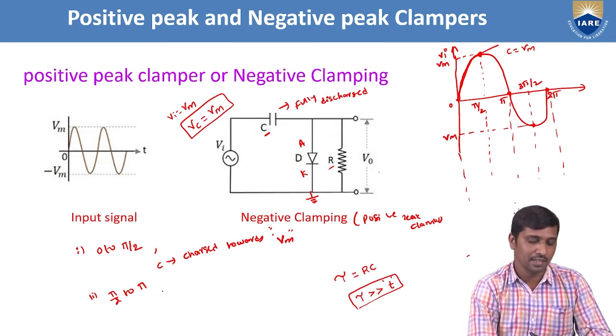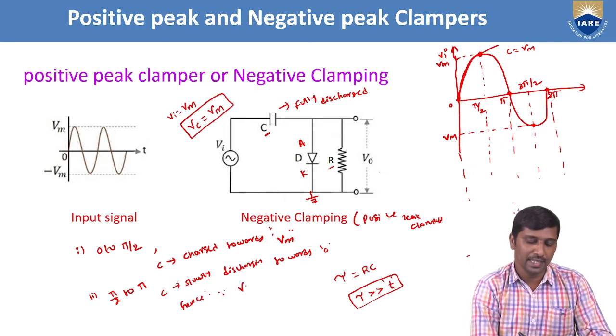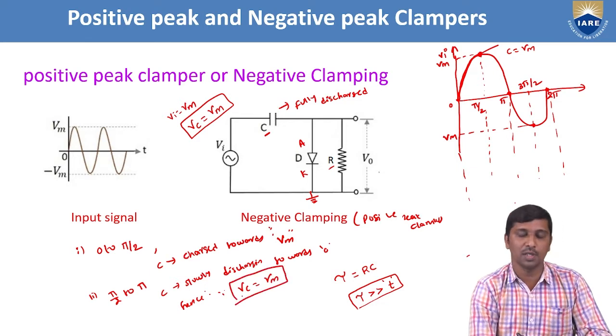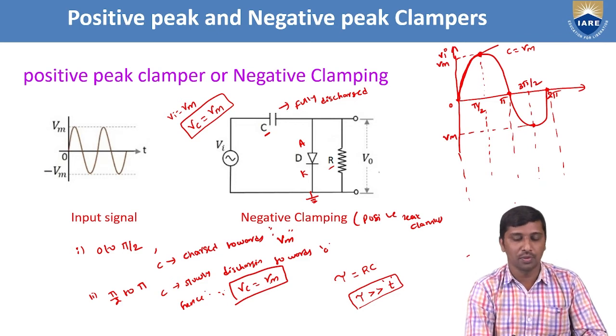So under this condition, the capacitor is slowly discharging towards zero, and at this point we consider the voltage across the capacitor to be approximately equal to Vm. So based on that, I'm going to redraw the equivalent circuit.